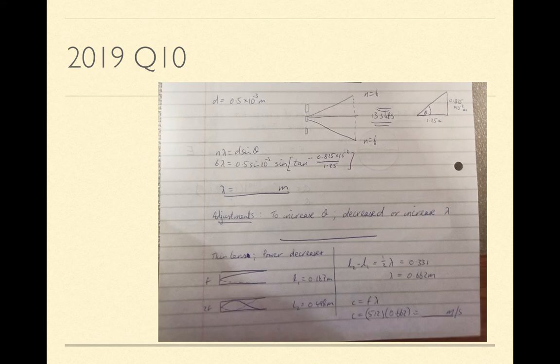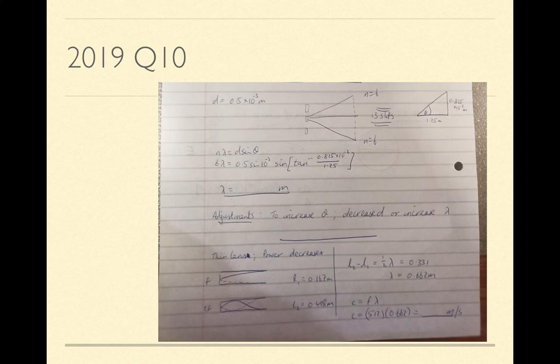And you're told two other things. The distance from the screen to Young's double slits is 1.25 meters. So I've got a little triangle there with theta and 1.25 meters on it. And the distance between the 13 orders was 1.65 centimeters, I think, something like that.